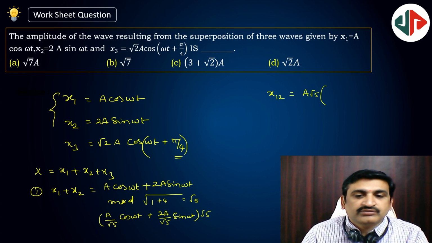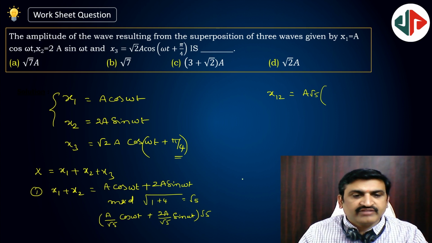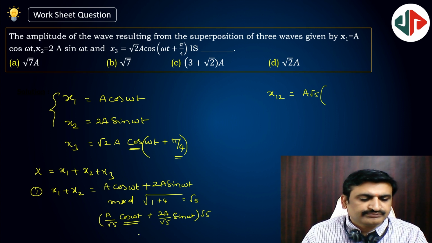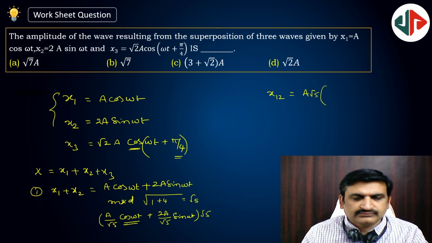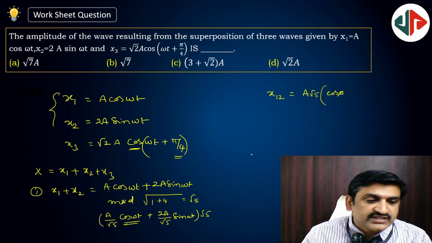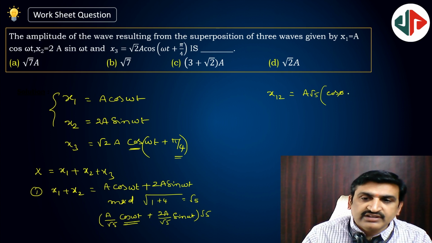Here a cos function is there, and I want the resultant also as cos only. So I'll take it as a cos function, so it will be somewhat easier. This is some cos phi, which is nothing but 1 by root 5. 1 by root 5 is cos phi, and it is cos omega t, plus sin phi.